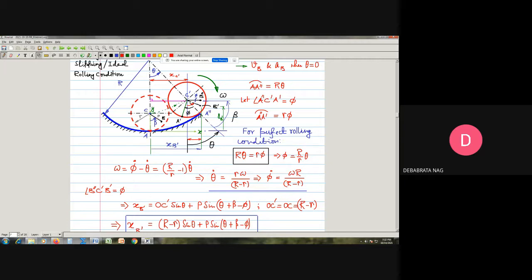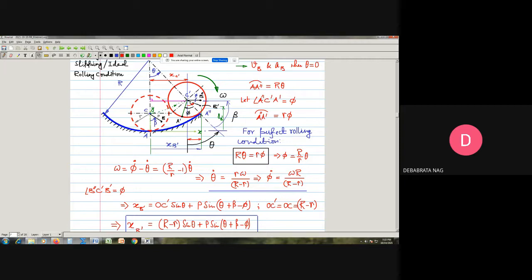We can calculate it in the same manner. First of all, we try to locate the height of this. Here this is C and this is your C dash. So we can say from here that the y coordinate is going to be equal to.